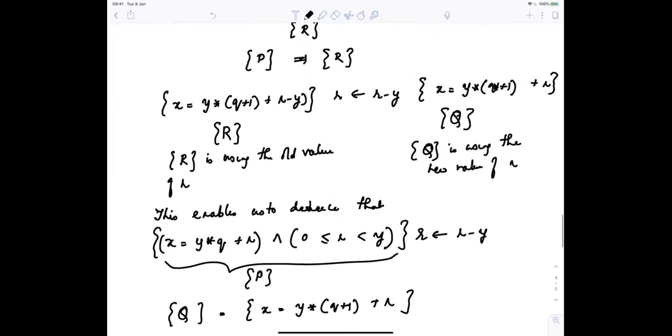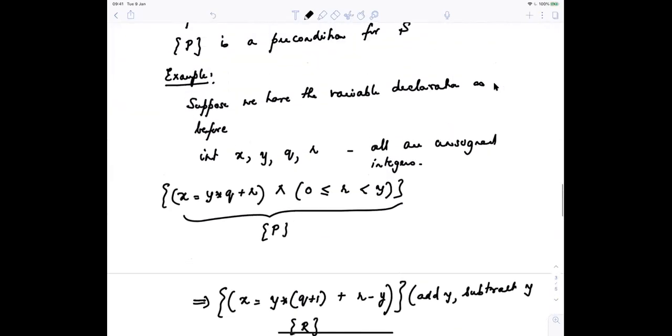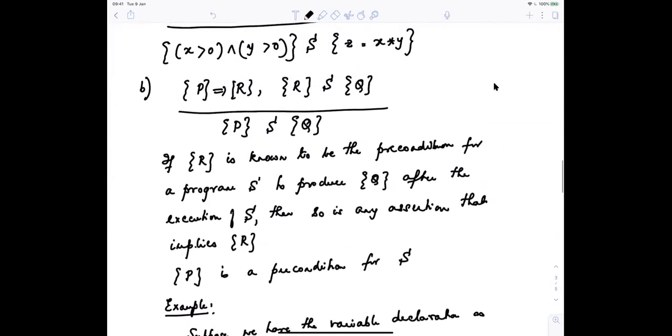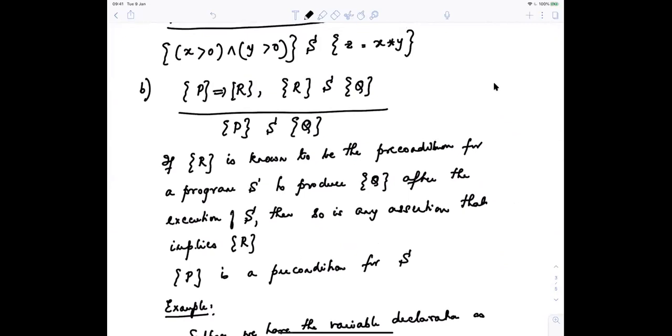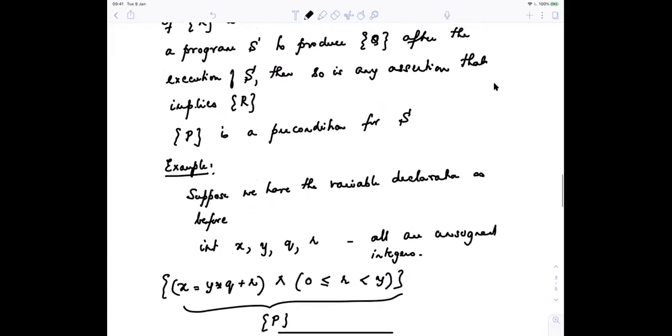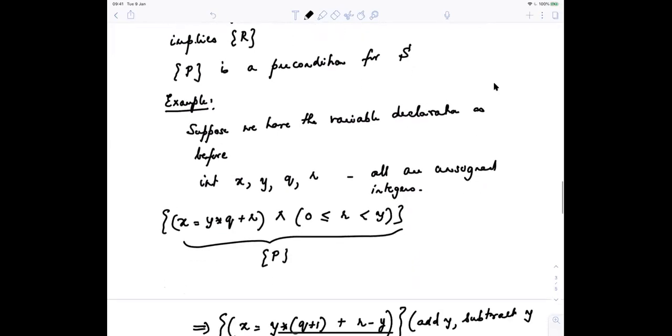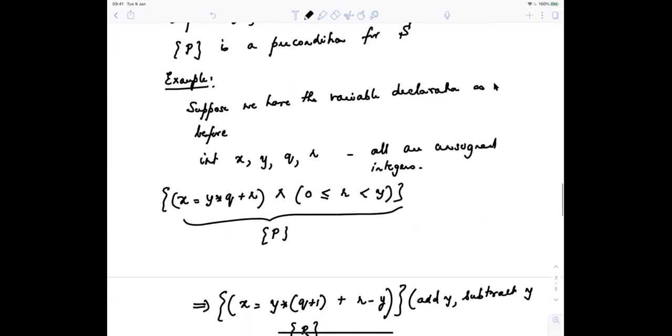Okay, so again I repeat, let's go back to this example. What is it that we are looking at? This is the second implication rule. What it says is that if R is known to be the precondition for a program S to produce the postcondition Q after the execution of S, then so is any assertion that implies R. What we mean by that is any assertion that implies R is also a precondition for S. And we took a simple example where x, y, q, and r are all unsigned integers.